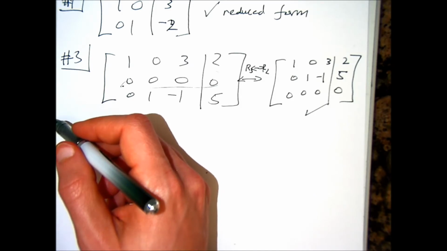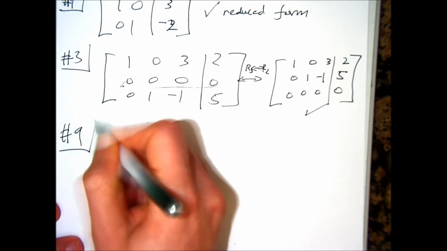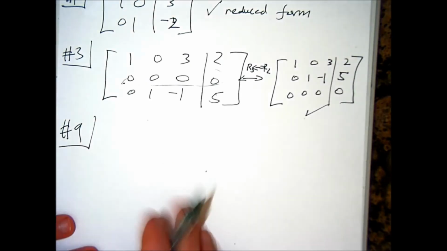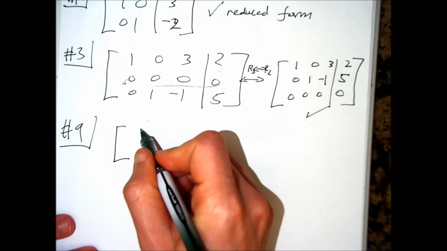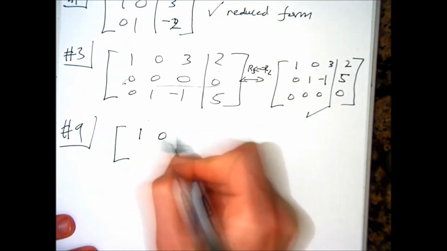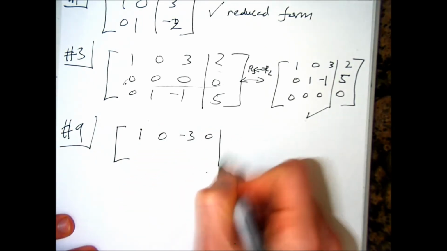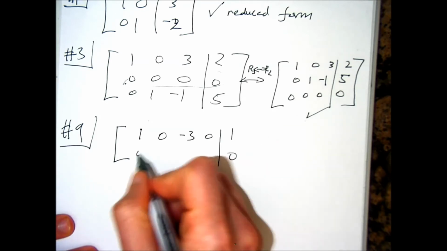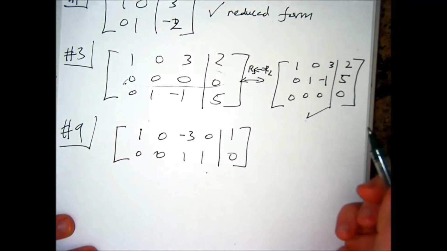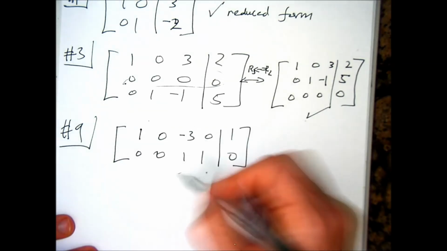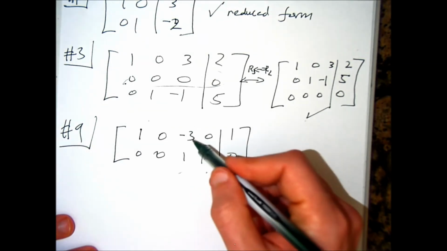Let's see, number 9. Is this non-square matrix 1, 0, -3, 0, 1, 0, 0, 0, 1, 1 reduced row echelon form? No, because of this right here. I need a 0 up here.